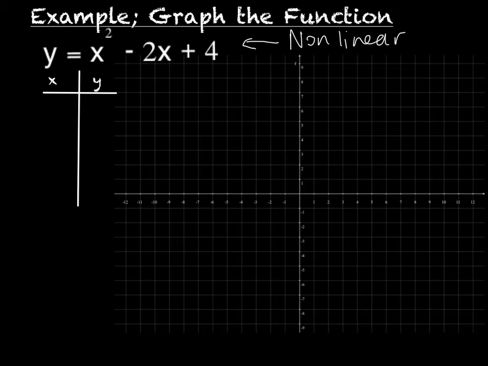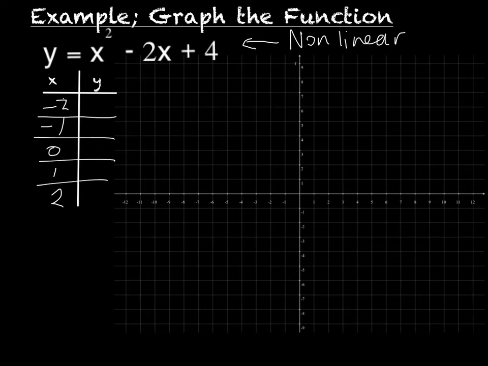So on these, I'm going to pick -2, -1, 0, 1, 2, and you can pick more if you want, but 4 or 5 points are probably enough to see a trend.